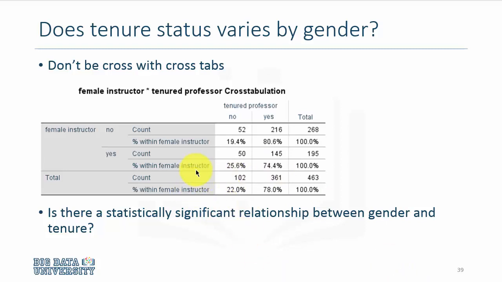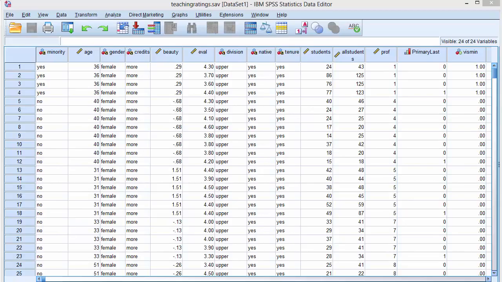What you see here is that 25% of the courses were taught by females who were not tenured, compared to 19% of the courses taught by males who were not tenured. And the question is, are these differences, 19% and 25%, statistically significant? You can compute a statistical test.